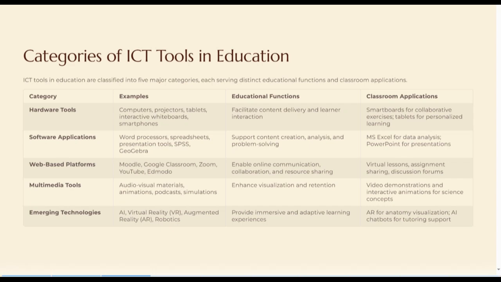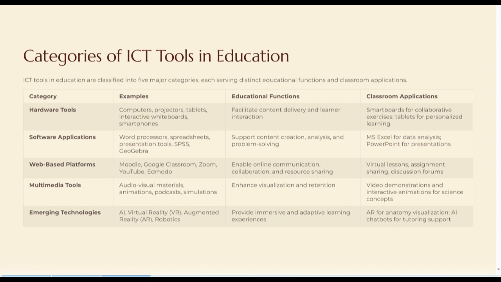And we have the emerging technologies, which is currently where we are today, the time of AI, as we explore AI in different learning activities. We have virtual reality, augmented reality, and robotics. One of their functions is that they provide an avenue for immersive and adaptive learning.